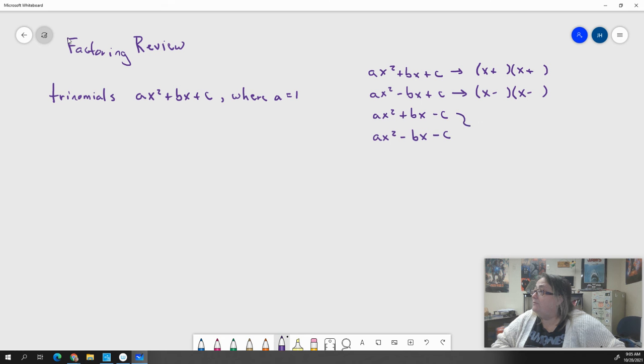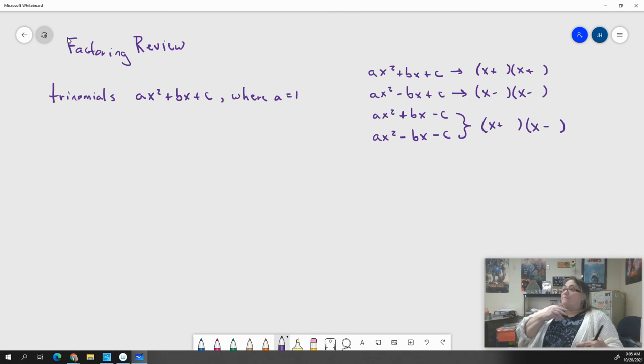And on both of those, you're going to have an x plus factor and an x minus factor. And if you think about how we multiply binomials together, binomials are these little groupings right here, you would understand why for a negative c we'd have to have a positive and a negative factor.